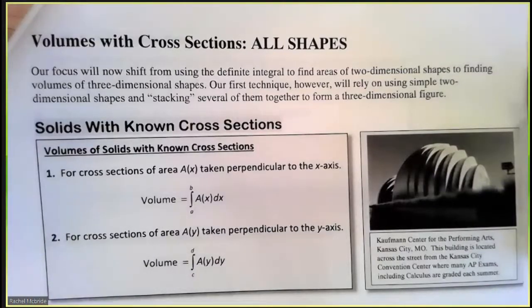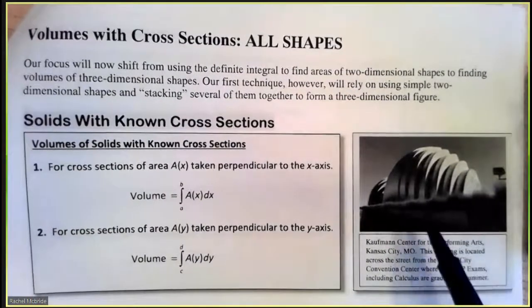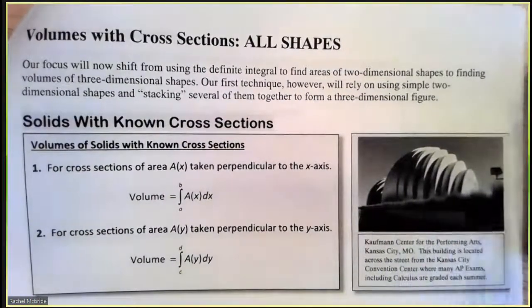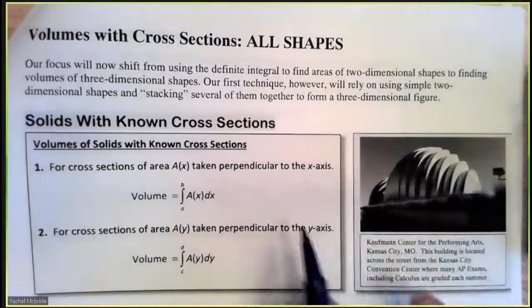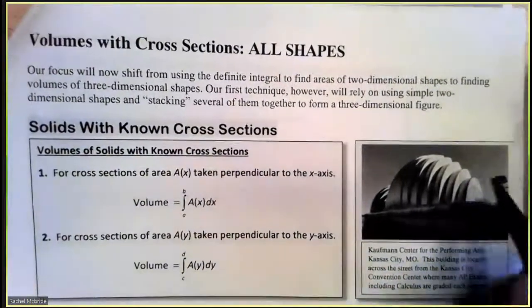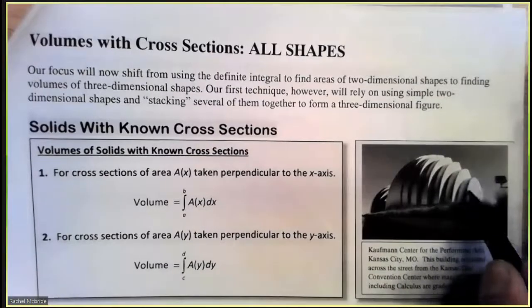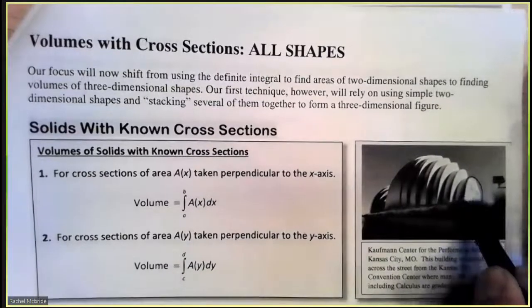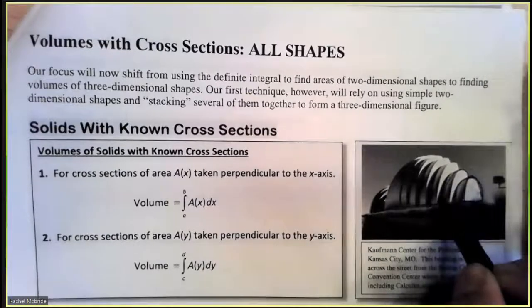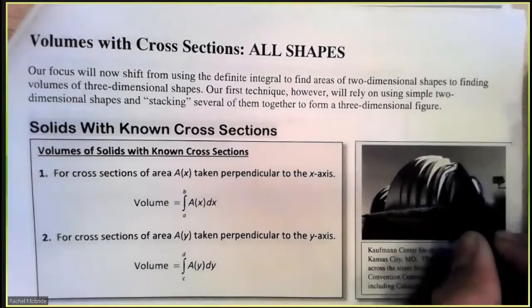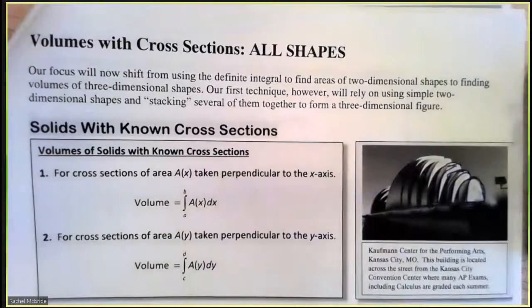So we're shifting away from that definite integral and one dimensionality, and we're moving into a two-dimensional world. So think of amphitheaters, you're thinking of cylinders. This amphitheater over here in Kansas City is one of the best ones to look at because you can see in that drawing how I have a series of semicircles where all of their widths are the same, but their heights are different.